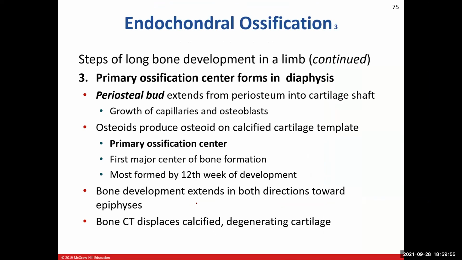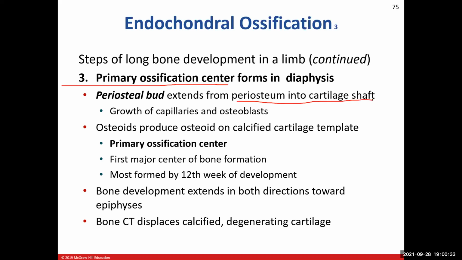All right, step 3. Still focusing on the diaphysis, or the shaft of our little baby humerus there. And we're going to get the formation of what we call the primary ossification center. Primary because it's the first ossification center. And we talked about the process of ossification just a few moments ago when we were talking about the intramembranous ossification. Somewhat similar. So we have the formation of this periosteal bud here that extends in from the periosteum into the diaphysis.